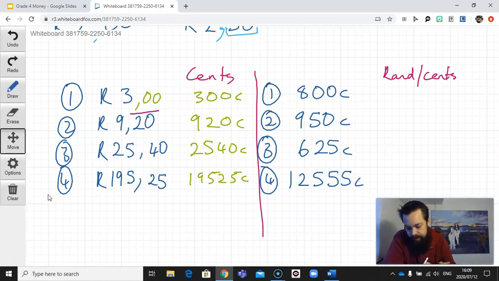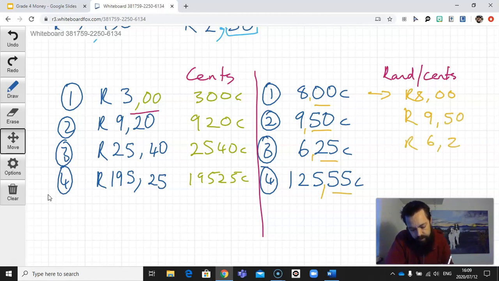Looking at the other side, going the other way around, we've just got to put a comma in. Oops, not there, but there, making sure that we always have 2 digits afterwards. So that will become R8,00, 9,50, 6,25, 125 and 55 cents.